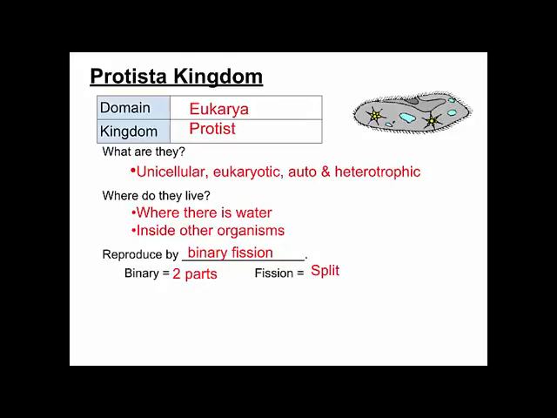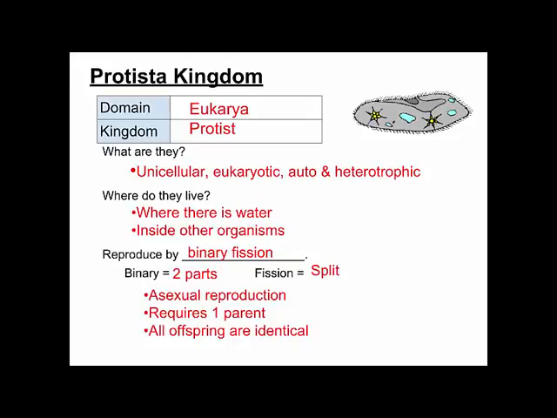And so binary fission is basically splitting into 2 parts. It's a form of asexual reproduction, like Matt just said. And we know asexual reproduction, there's only one parent organism. And basically just splits into identical offspring. It copies its DNA and splits into it.